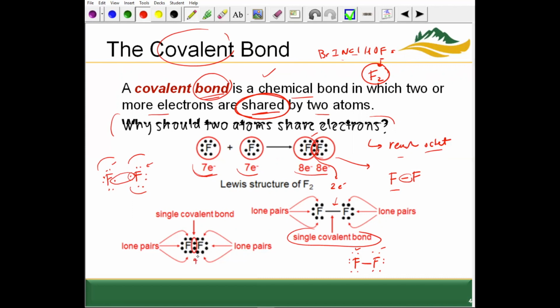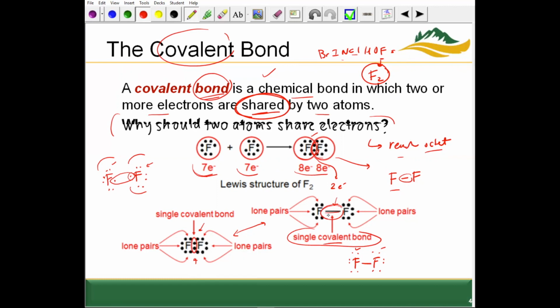So here's that pair of electrons that are being shared. That is the covalent bond. So these are the same thing, but typically we see it represented like this as an actual bond between them. Rather than showing these 2 electrons just listed like this here between the 2 F atoms, again, we typically show it as a bond. And again, it's a covalent bond and not an ionic bond because it is a true sharing of electrons.